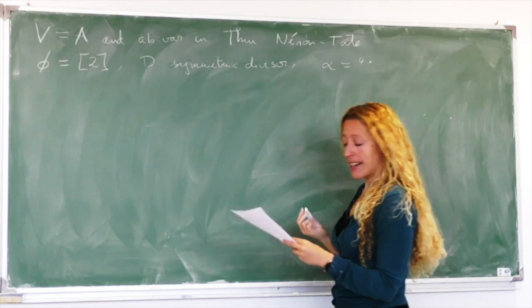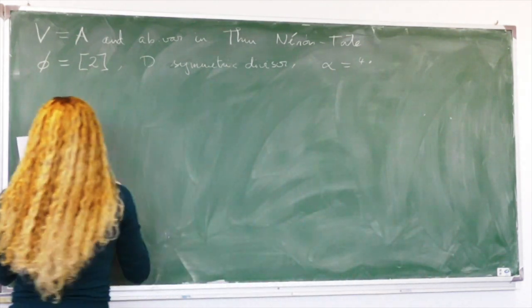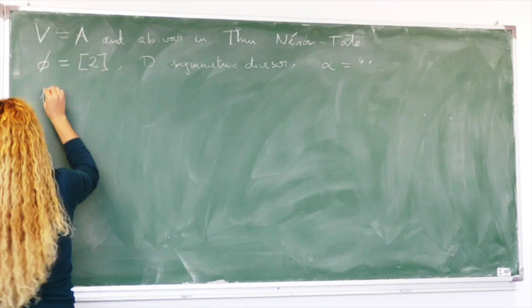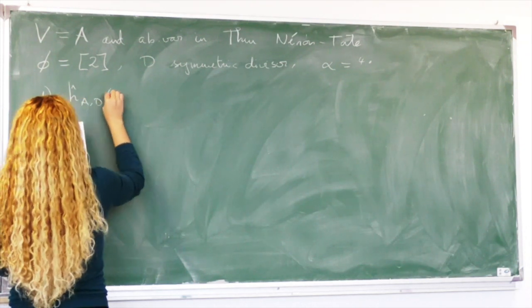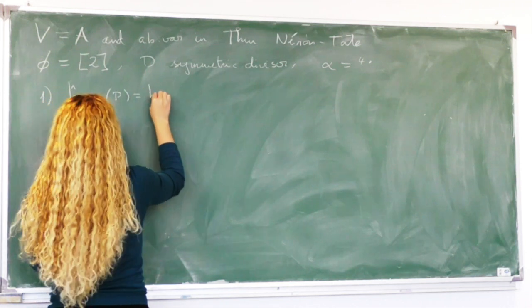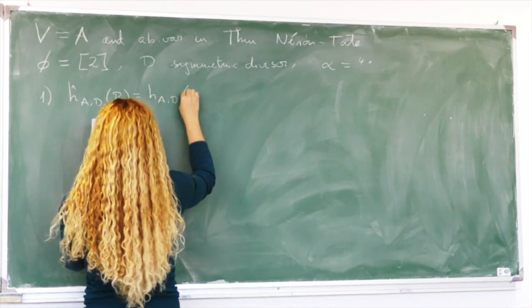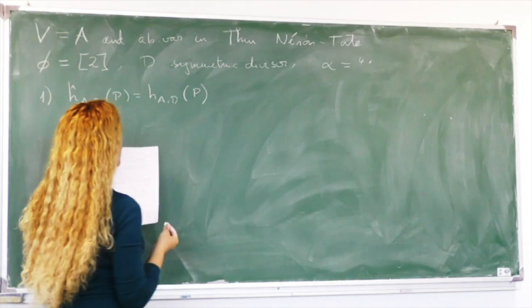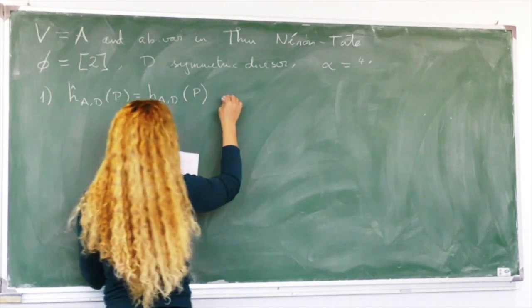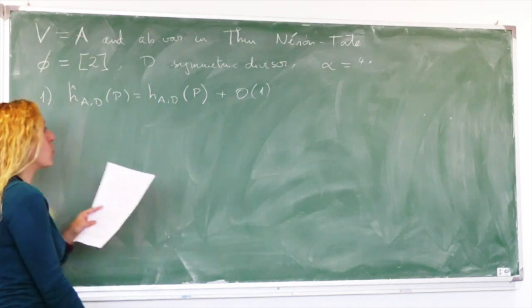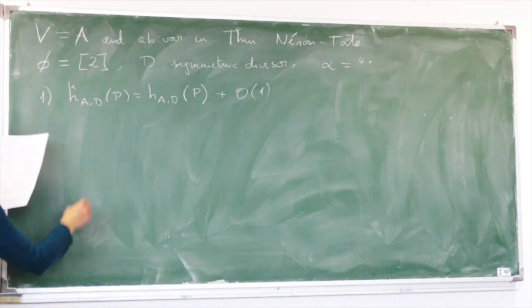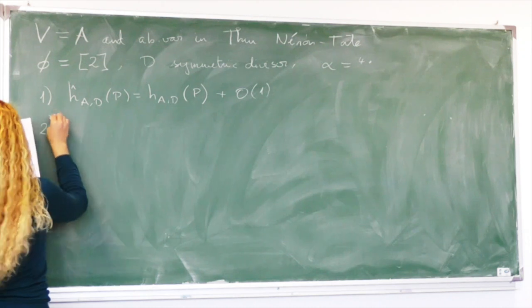Then the canonical height, as we define it, satisfies the following properties. So this is equal to this. This is just the first property of the Néron-Tate theorem, up to a constant. Here I just changed the V by an A, so I didn't do anything.